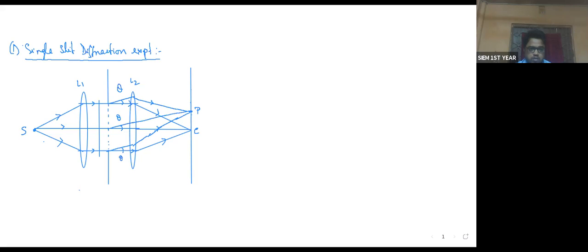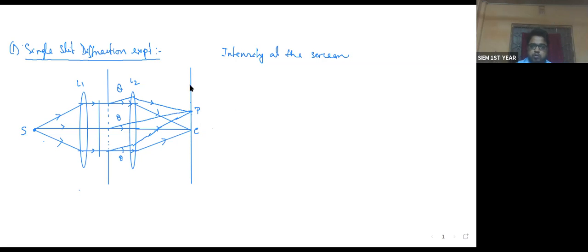Okay, let me try. Write down the intensity on the screen. Intensity at the screen, this is the general formula.